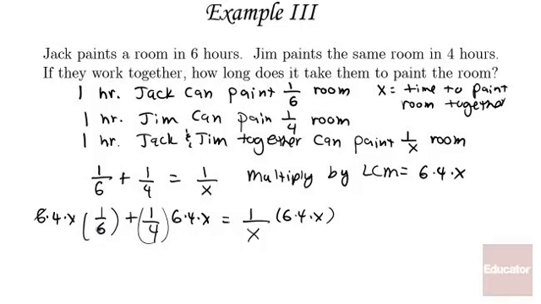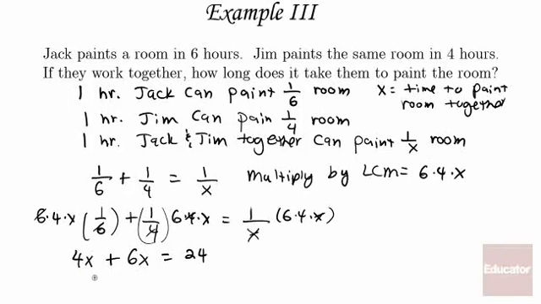Let's see what we can cancel. That gives me 4x, so I'm getting rid of my fractions. That's why I multiplied by this. The x's cancel to give 6x. And here the 4's cancel to give 6x. Here the x's cancel to give me 24, 6 times 4.